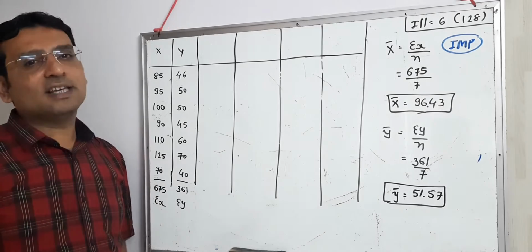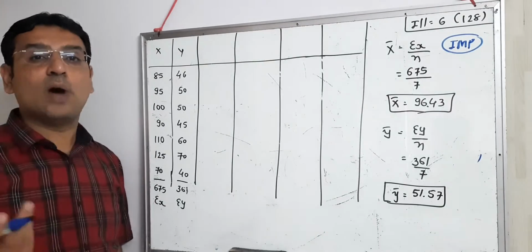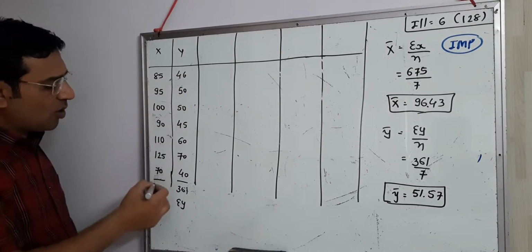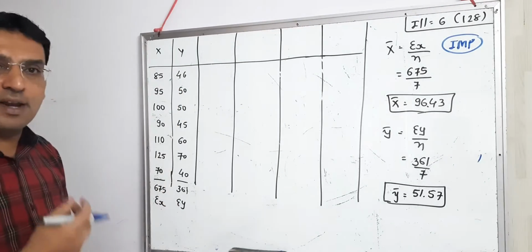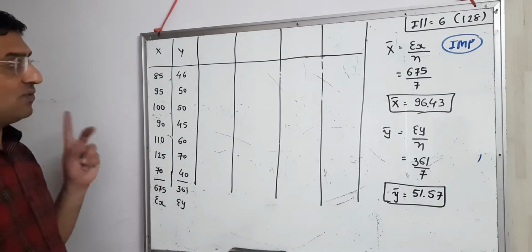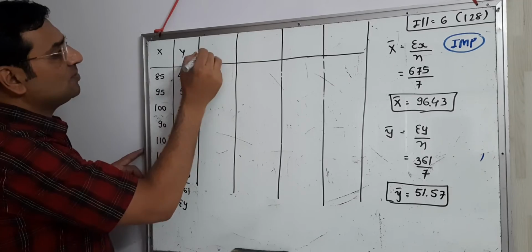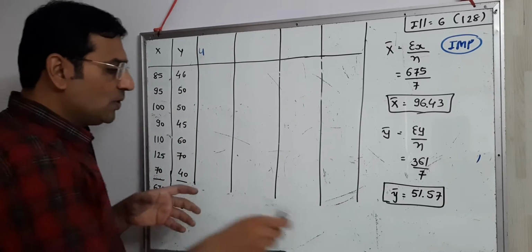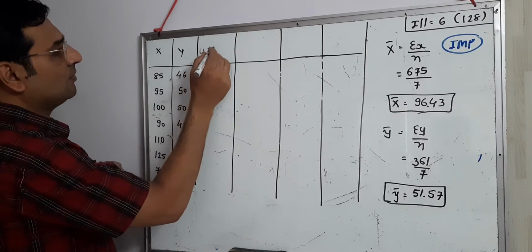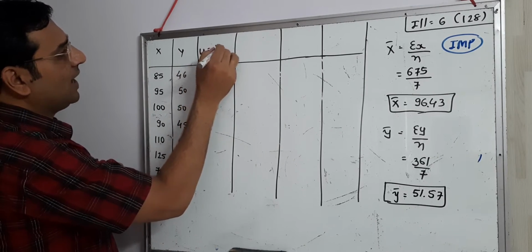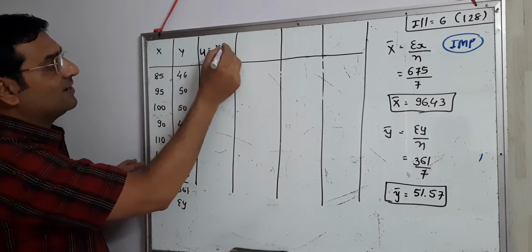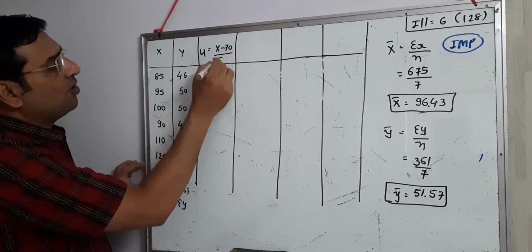So in the UV method we have to set the columns of U and V. Before you calculate U, check: are all values divisible by any common number? In x, all values are divisible by 5. So here we will assume U is equal to x minus the lowest value, 70, upon 5.